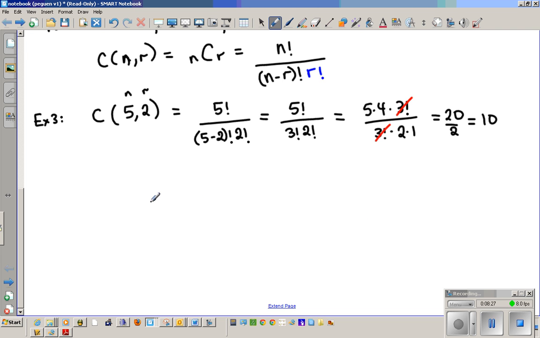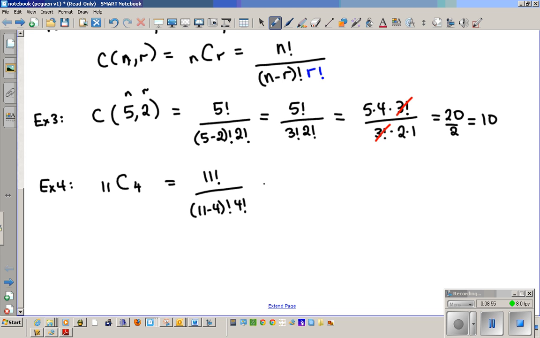Alright. Let's find an example. Example 4. What if you had 11 C 4, something like that. So in this case, remember the first one is n, the second one is r, so it's going to become 11 factorial divided by 11 minus 4 factorial times 4 factorial.